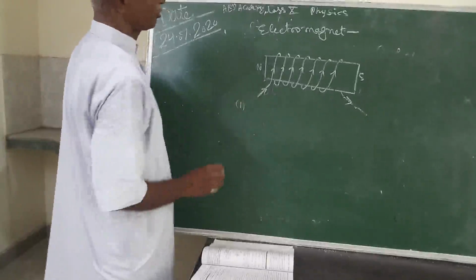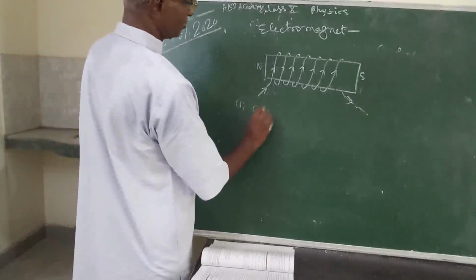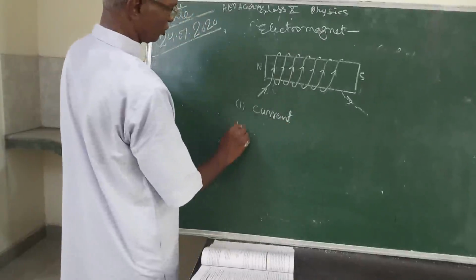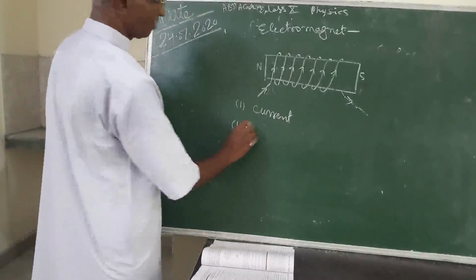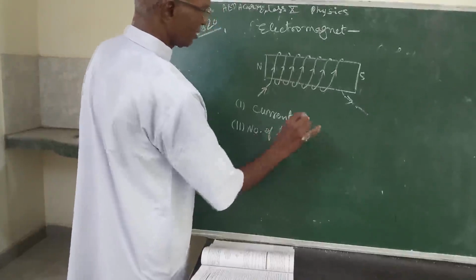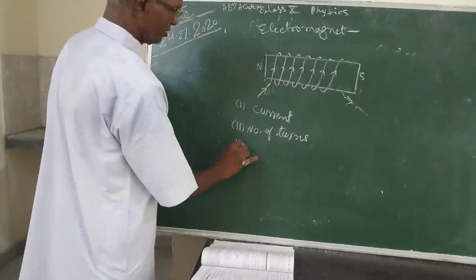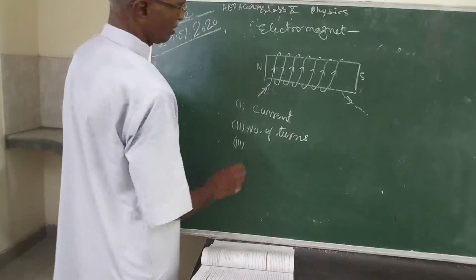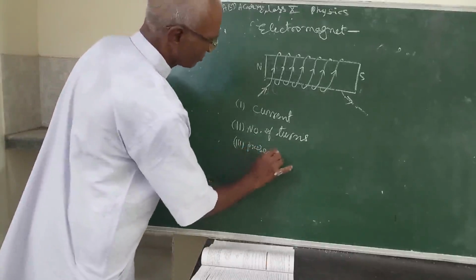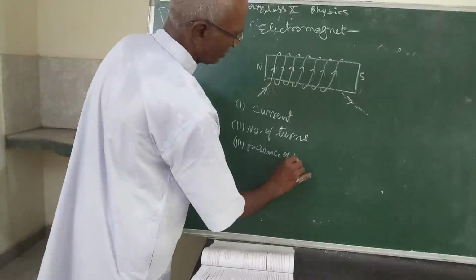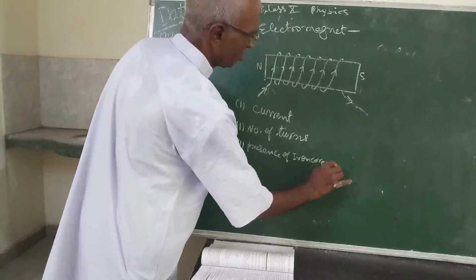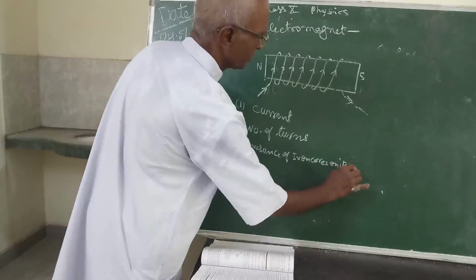The strength of an electromagnet depends on three things. First, strength of current passing through the solenoid. Second is number of turns on the coil, and third thing is presence of iron core at its center.